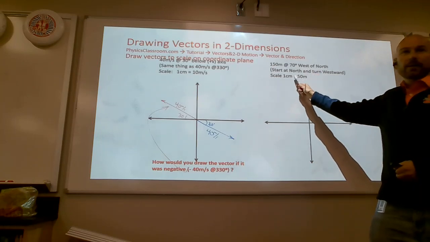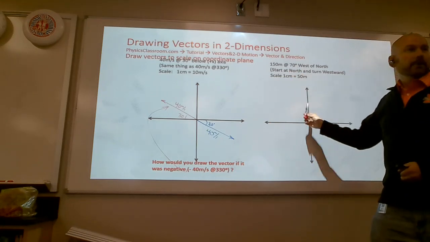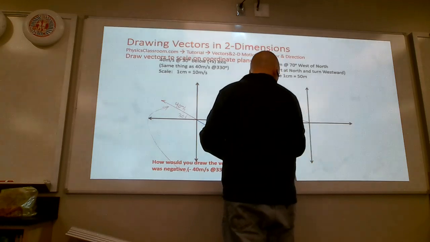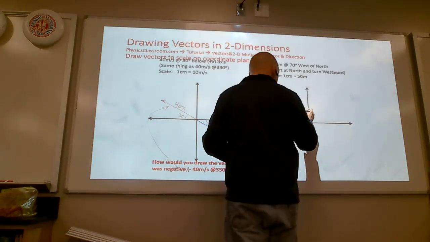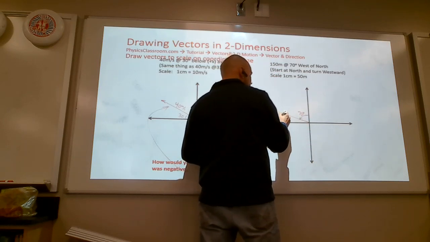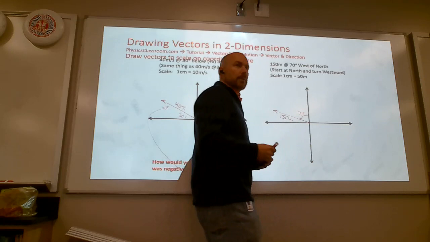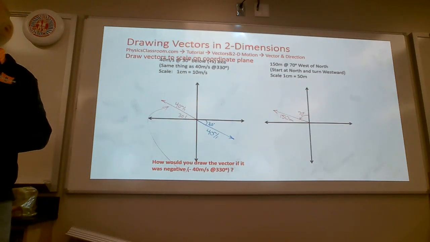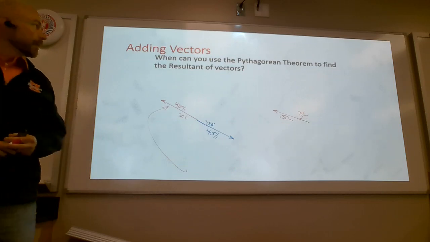How far? 70 degrees. I just drew the arrow to communicate what I'm doing there. And this vector is 150 meters. Does that make sense? Okay. So read that backwards. All right.